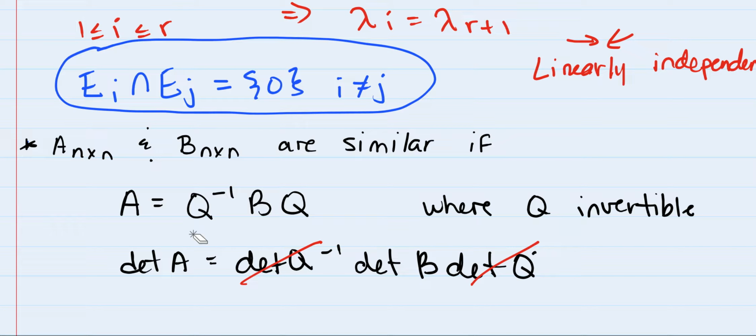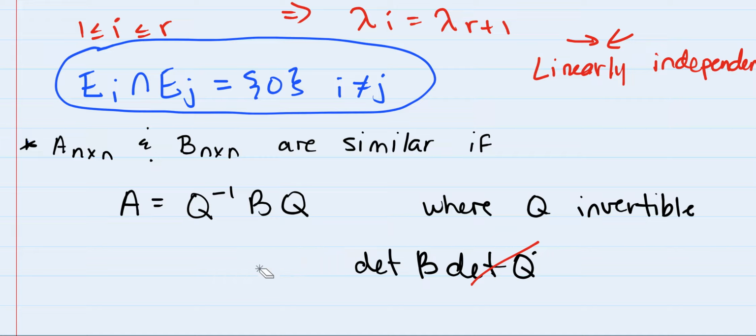It would just be multiplying everything on the diagonal. There's a lot of things you could do. Like if you cube this, and this one's a much easier matrix to work with, you just cube this one and then multiply it by Q inverse and Q, and you could find A cubed.